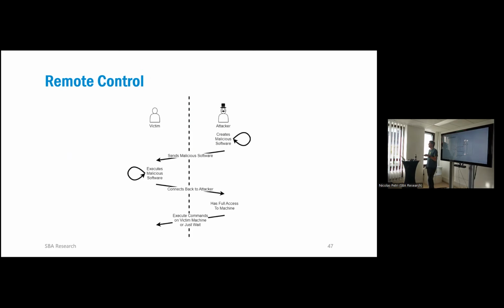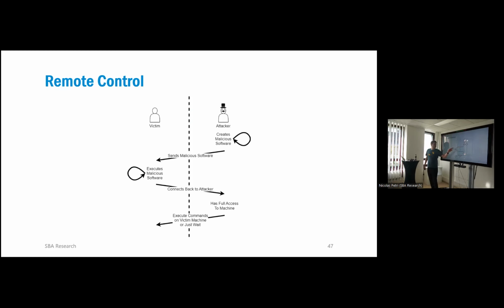This is what happens after you click the malware. Just for you, if you don't know how malware like this normally works, one of the types of malware is a command and control framework, where the attacker creates some malicious software and then sends it through whichever channel.